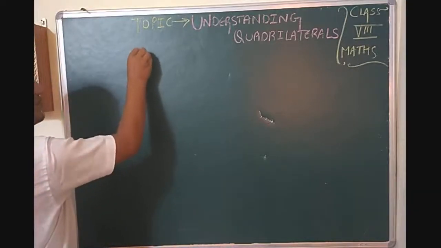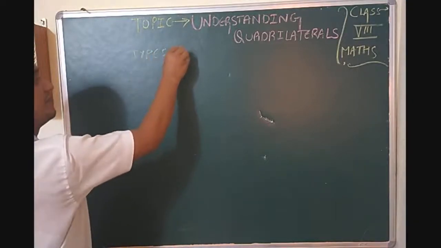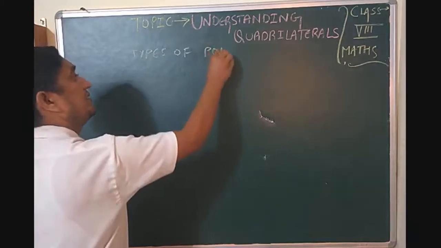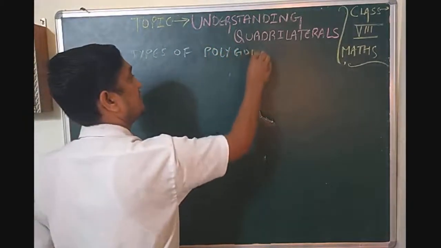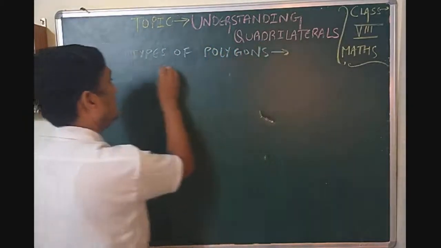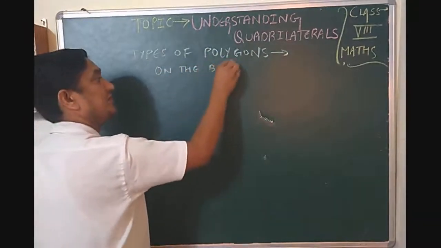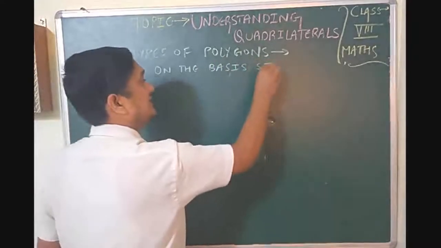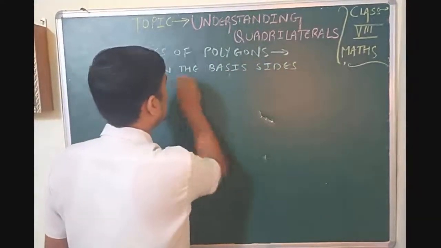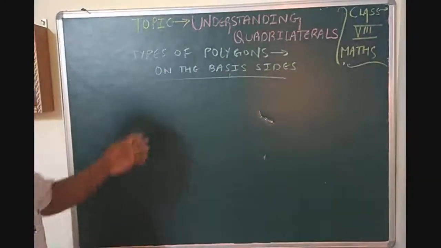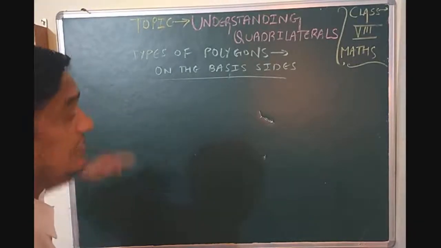Types of polygons on the basis of sides. Now children, remember, on the basis of sides, polygons are classified like this.